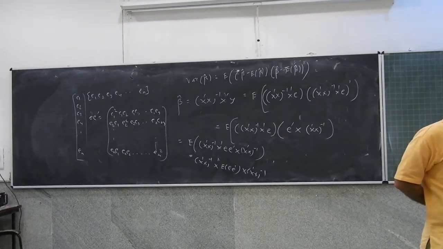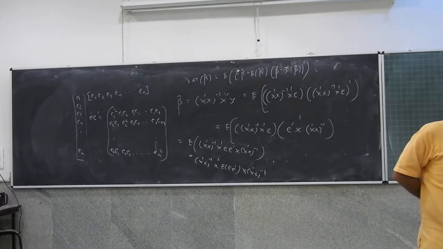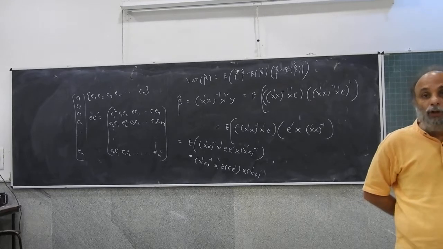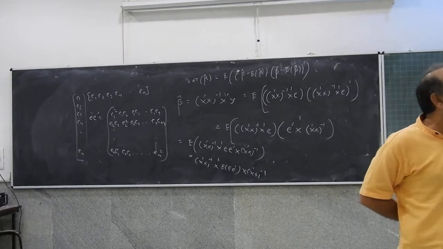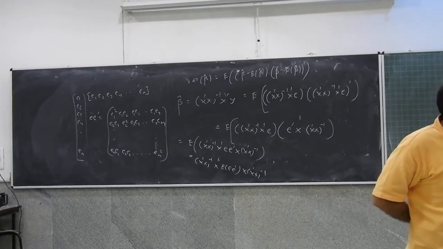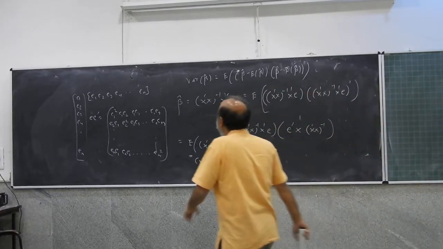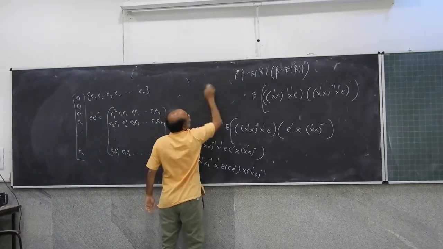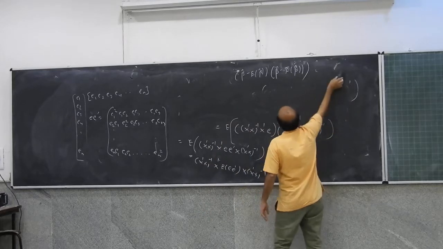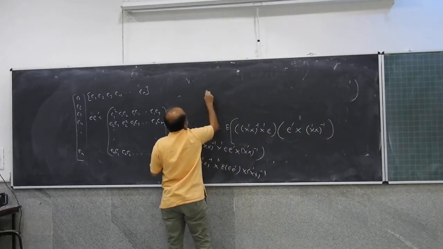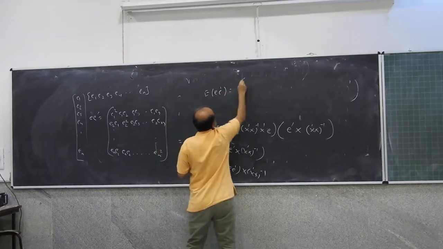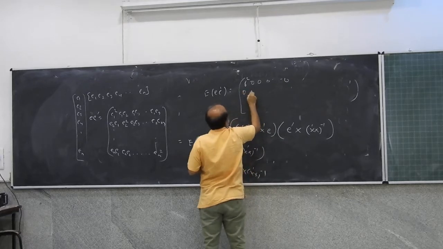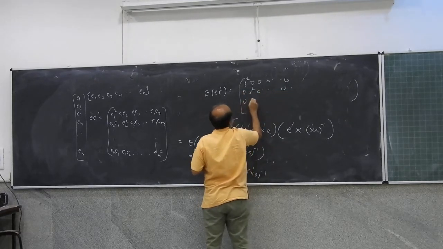Sigma square, because there is no autocorrelation and no heteroscedasticity. What is the expectation of E1 E2? Zero. So all the off-diagonal elements will be 0 and all the diagonal elements will be sigma square. So the expectation of E E dash will be sigma square, 0, 0, 0, 0, sigma square, 0.